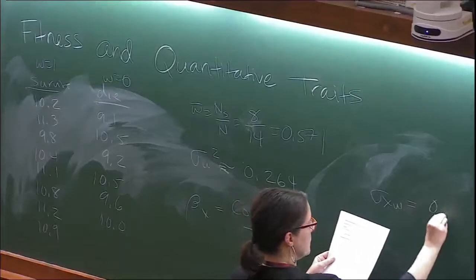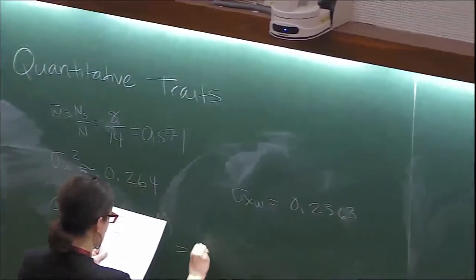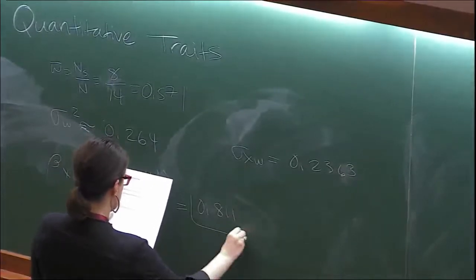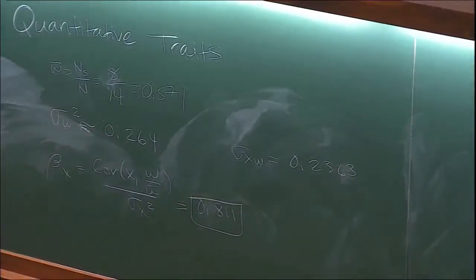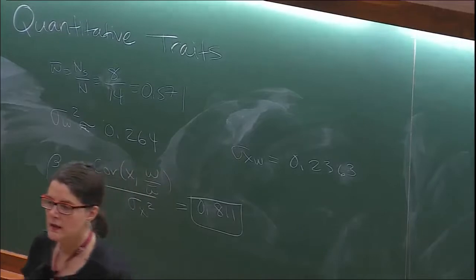It ends up being 0.2363, and a little bit of math gives you 0.811. Depending on how you do it, you could get quite a bit of variation. These are small numbers, so it depends on how many significant digits you keep. So this gives you the relationship between wing length and survivorship.